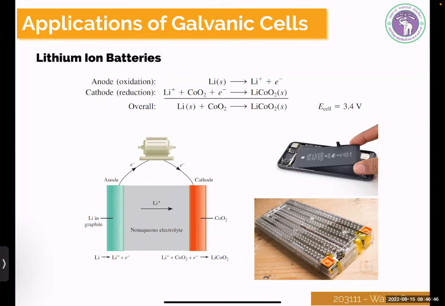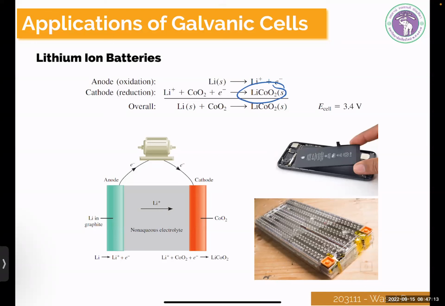So this is what happens in the lithium-ion battery. You can see that in the anode, lithium is being oxidized into lithium plus. That's quite common, of course. And what about the cathode? Well, the cathode is the lithium plus cobalt oxide, all being reduced into this product right here.